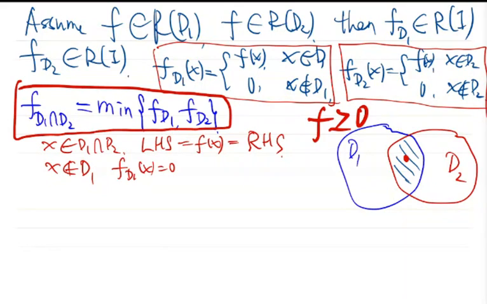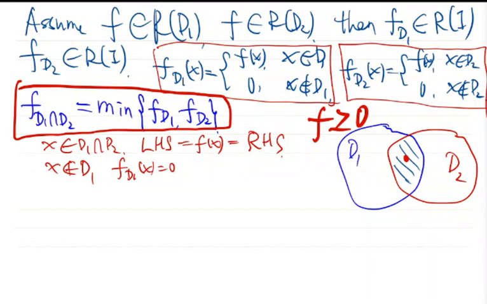But if x is not a point in the intersection, we might assume that x is not in D1. Then the value of the left hand side at x is 0. Since x is not in D1, the value of f D1 at x is 0, and f is non-negative, therefore the right hand side is also 0.